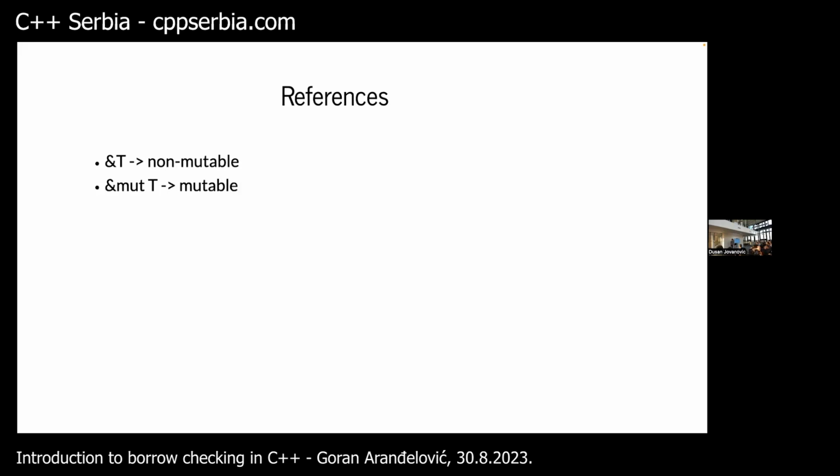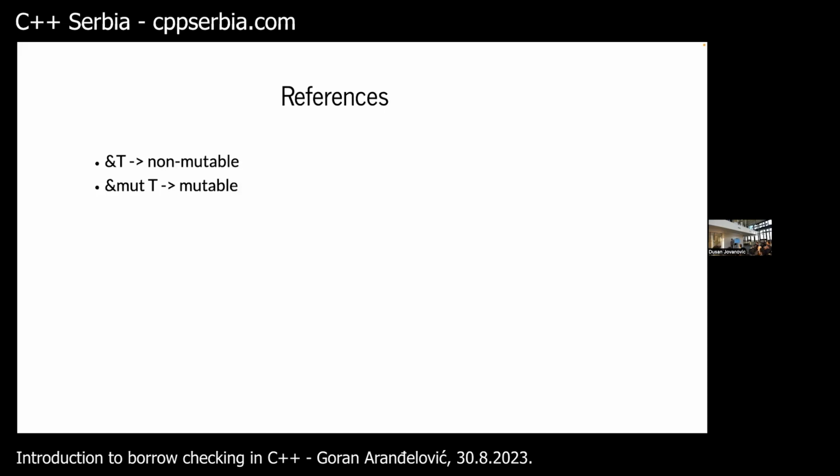Rust also has two types of raw, I would say, references. And one disclaimer, I'm not a Rust developer, so for any Rust developers here, excuse me for saying something imprecise, you can correct me. But the most prominent are classic non-mutable and mutable references in Rust.